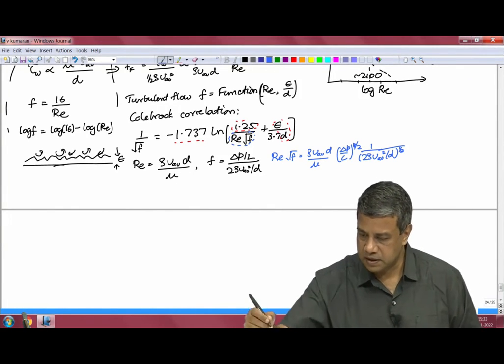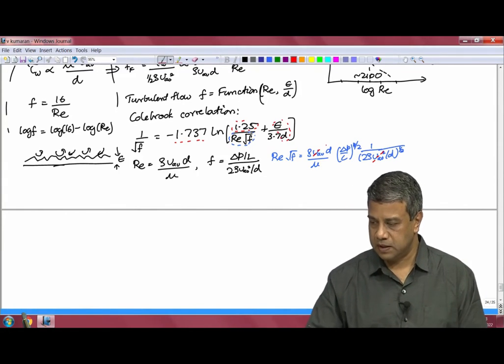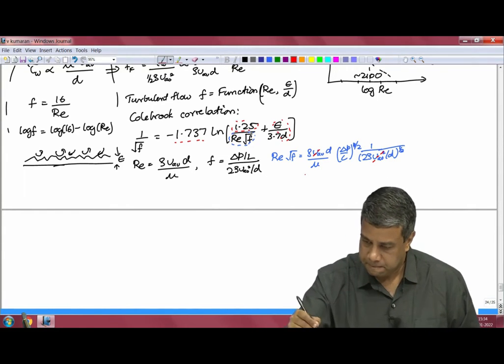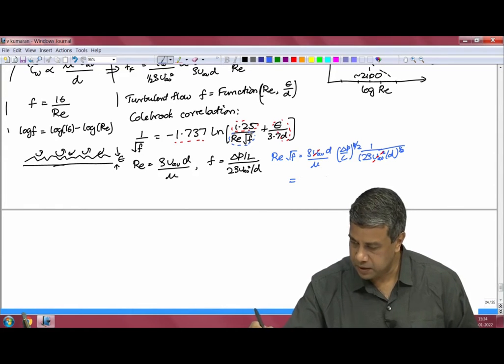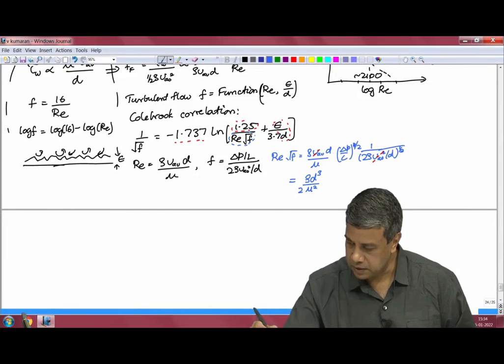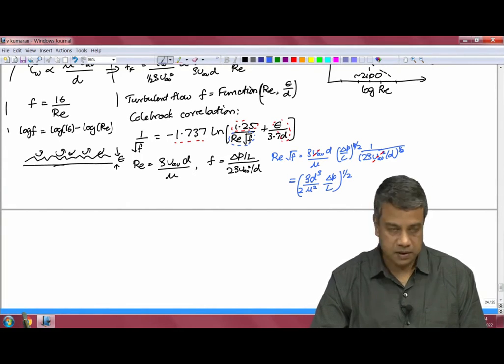And you can see that the velocity cancels out on both sides. So, therefore, I will get this as rho d cubed by mu square, and I have a 2 here, and I will have delta p by L per half. And therefore, this is independent of the flow velocity, it depends only upon the pressure drop.